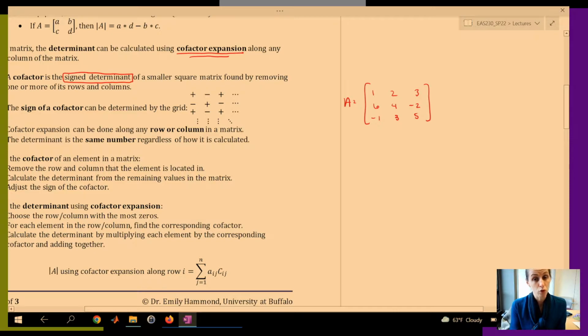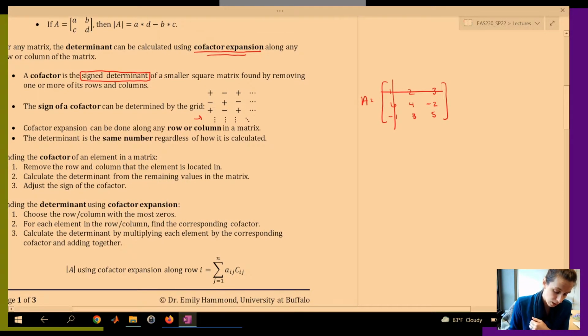If I remove a row and a column from A, let's say I remove this row, this column, that leaves me with a square matrix left over. The determinant of whatever is left over is called a cofactor, and the sign on that value is changed based on this grid.